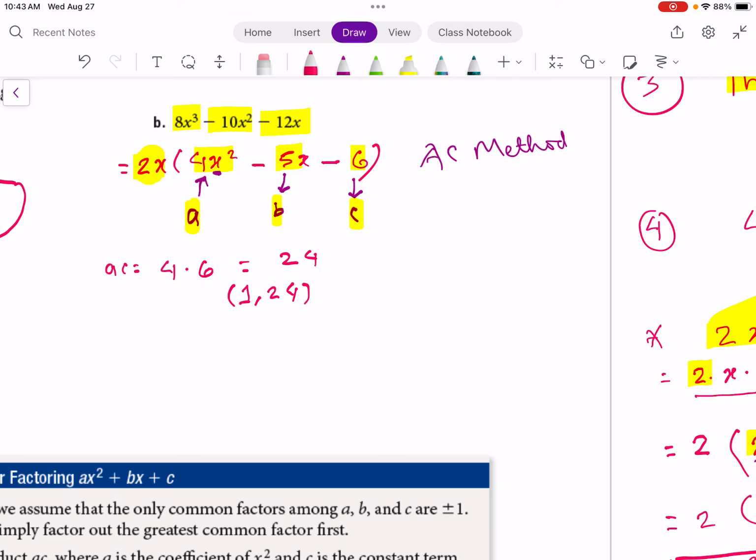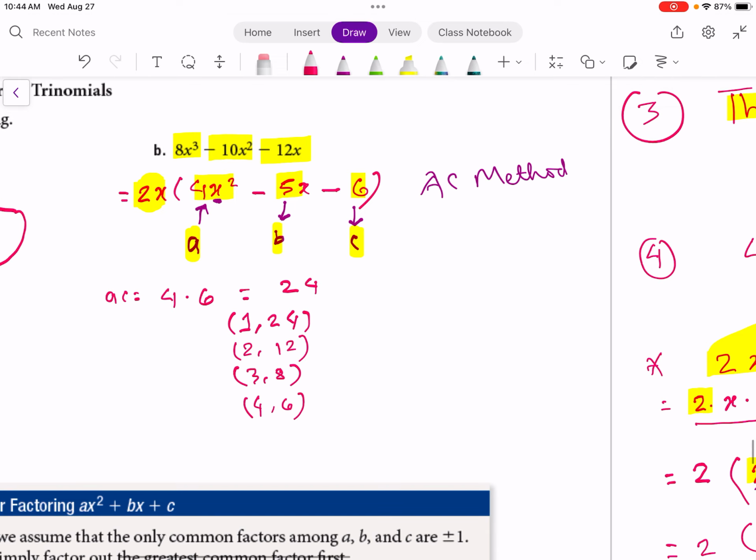Now what will be the next pair of factors whose product is 24? 2 and 12. What is the next pair of factors whose product is 24? 3 and 8. 3 times 8 is 24. The next is 4 times 6. Do we have any more pairs of factors? Make sure to list every pair of factors.